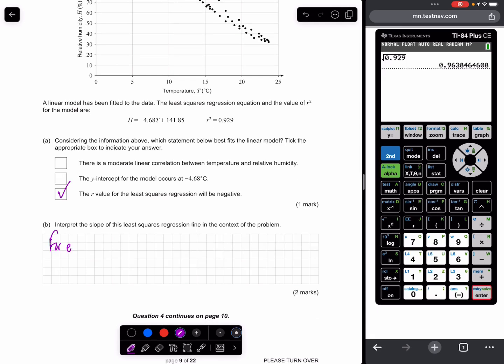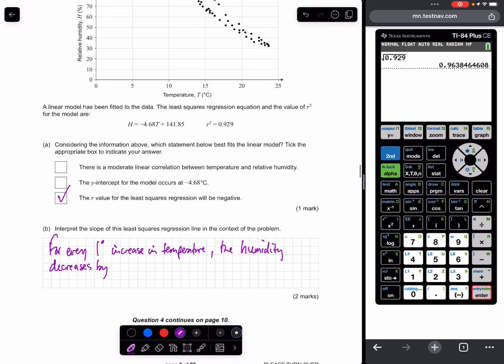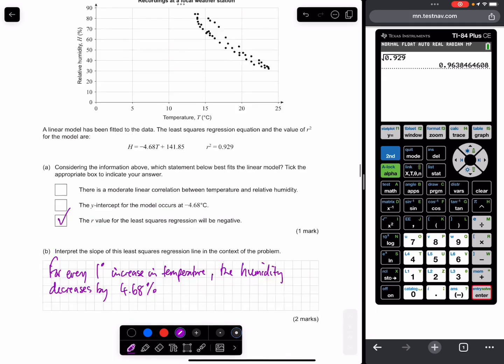For every 1 degree increase in temperature, the humidity decreases by, the humidity is in percentage, so 4.68%. That's in context.